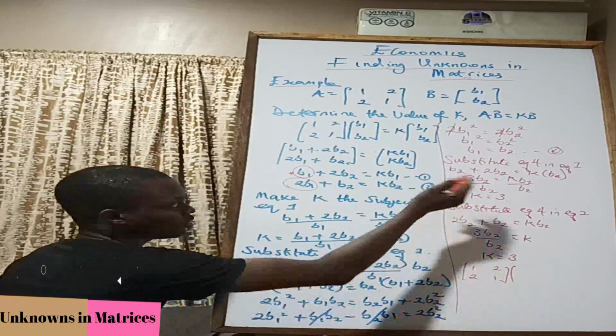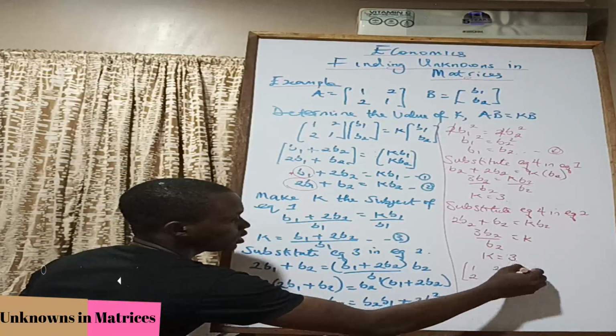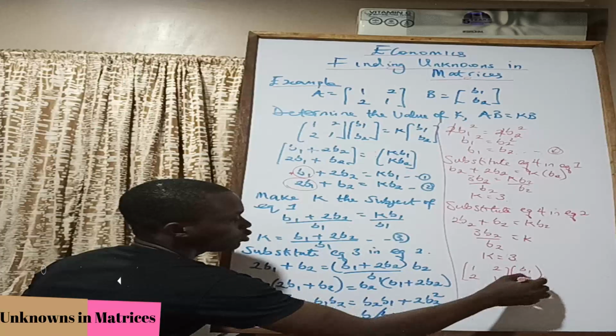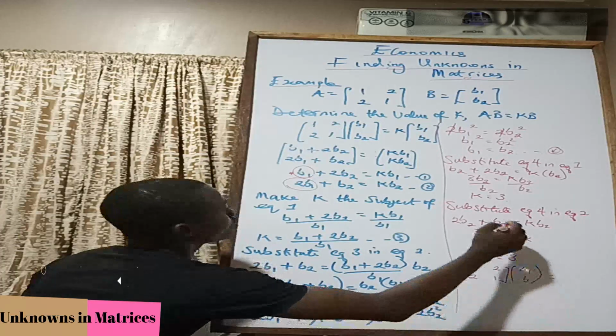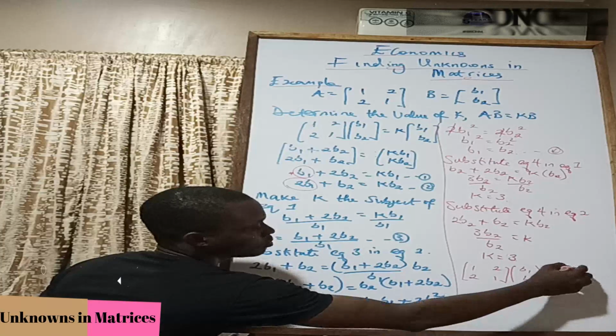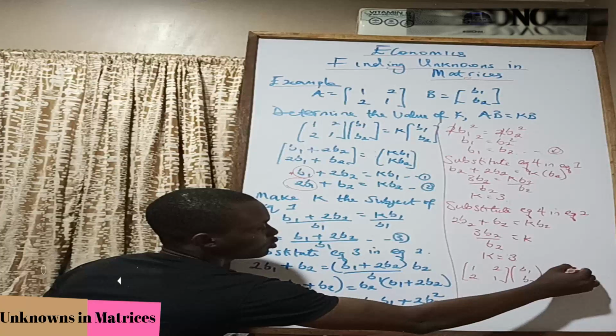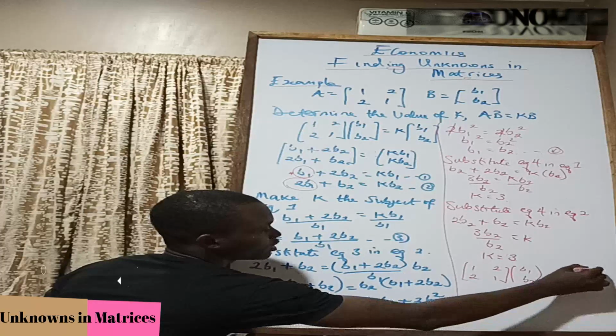Now our working made us realize that B1 is the same as B2, so I could just say B1 B1. I want to check if this is going to be equal to 3, 3, then B2 here, 3B1, then B2, for example.